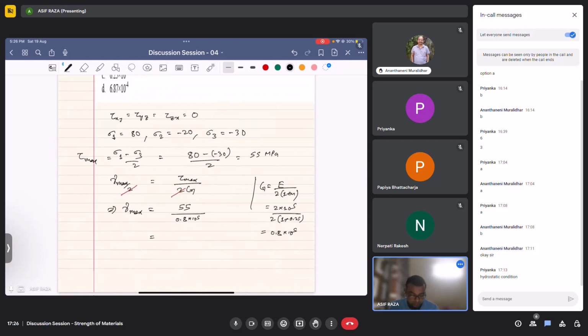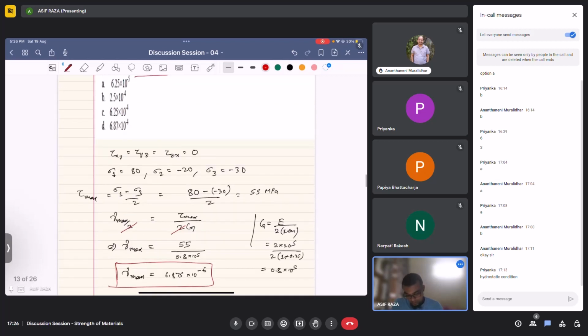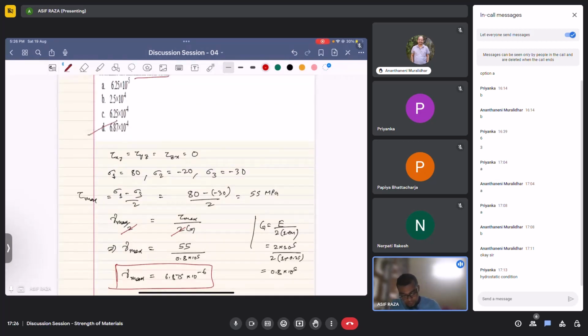So this would be equal to 55 divided by 0.8, 68.75, that is 6.875 into 10 to the power minus 6. So this is the direct answer, and the answer would be option D.